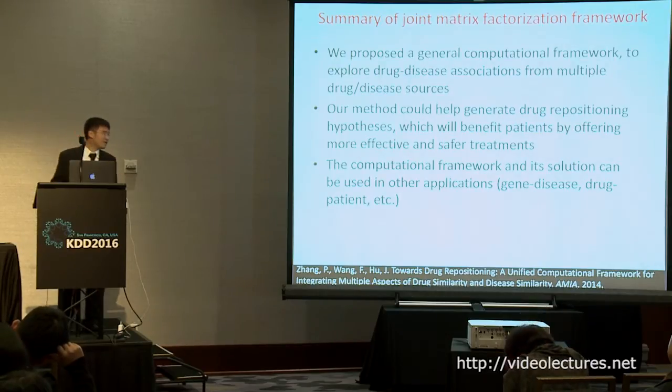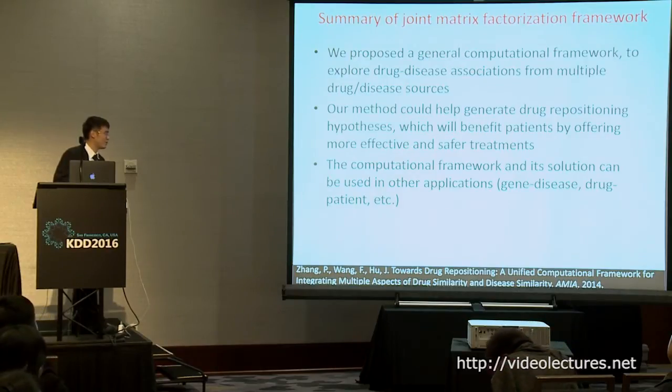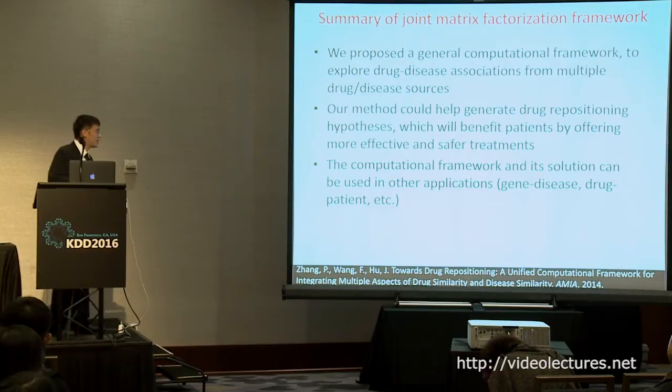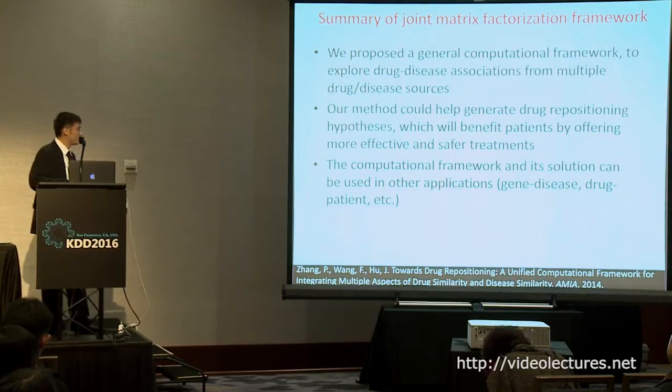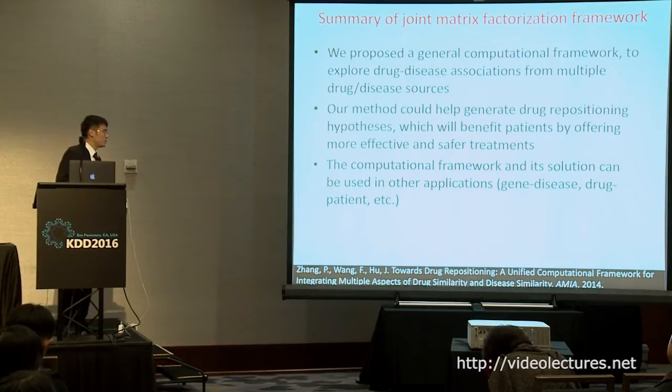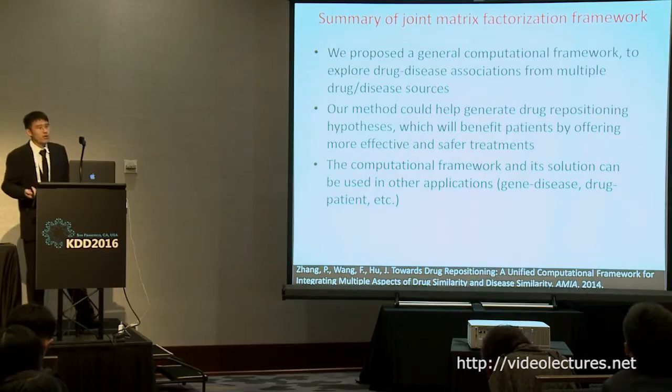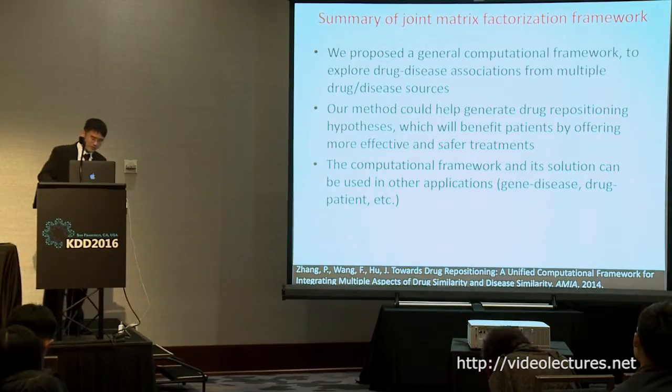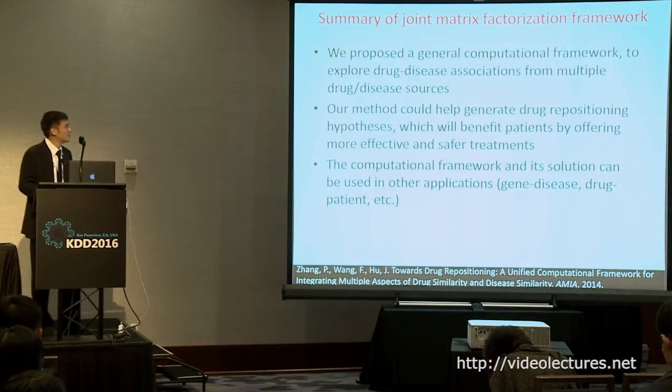So we can apply the methodology to a lot of similar problems. Like gene and disease: if we have a lot of gene information and a lot of disease information, we can directly apply this algorithm. If we have drug information and patient information, we can also apply this algorithm to the drug and patient network.